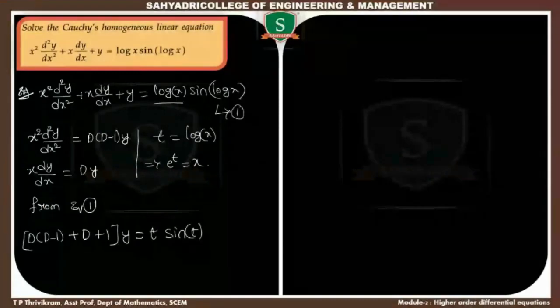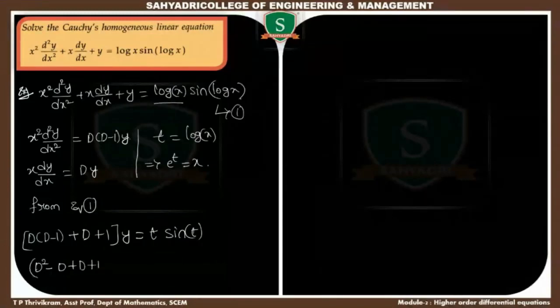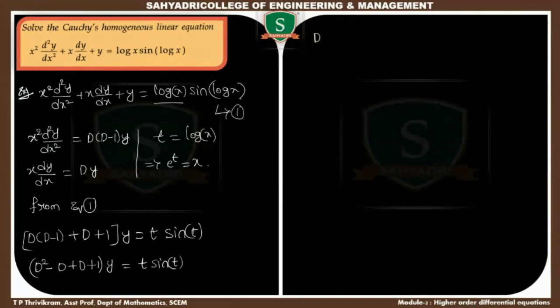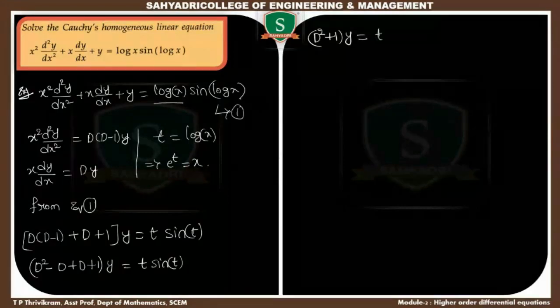Okay, so therefore multiply with this, d square minus d plus d plus 1 into y is equal to t sin t, which is nothing but d square plus 1 into y is equal to t sin t.